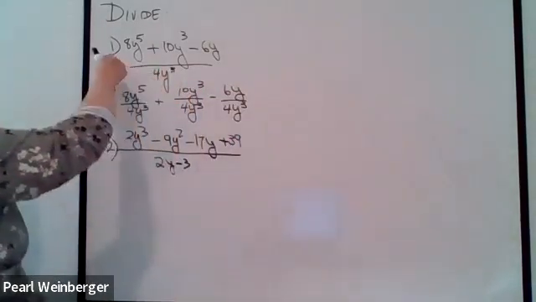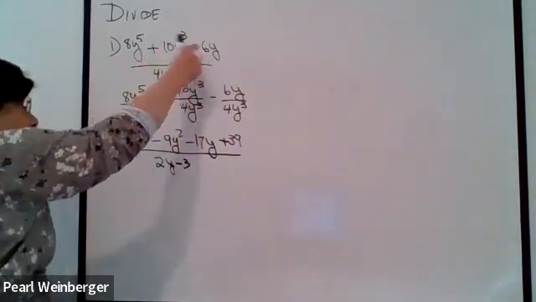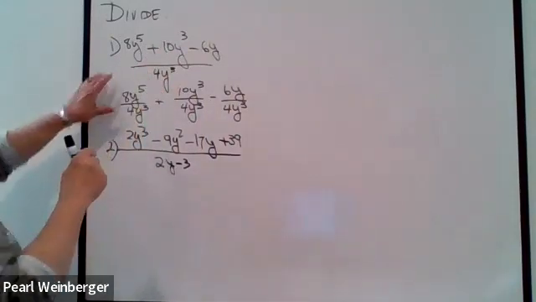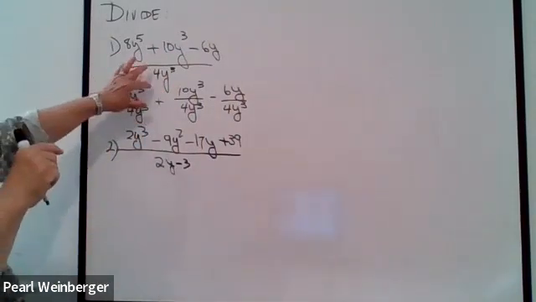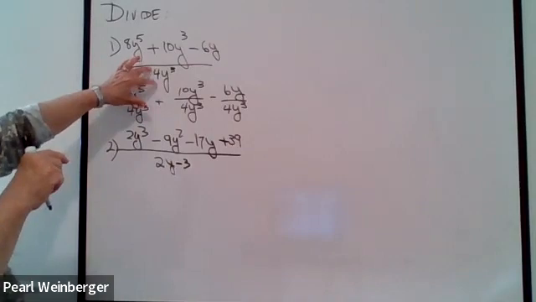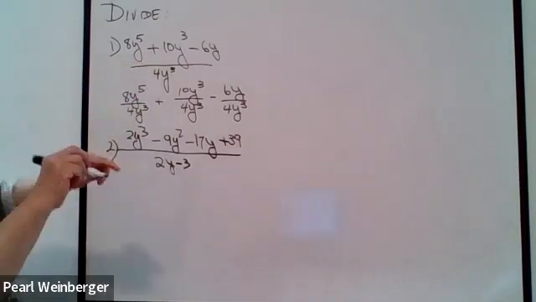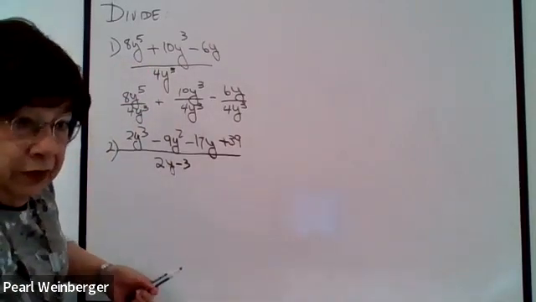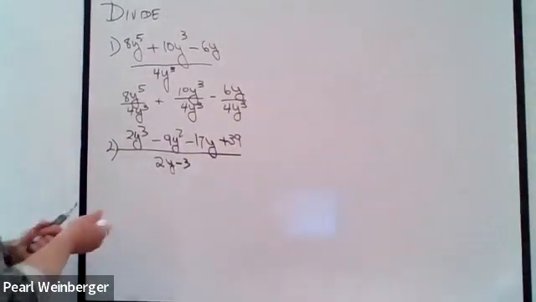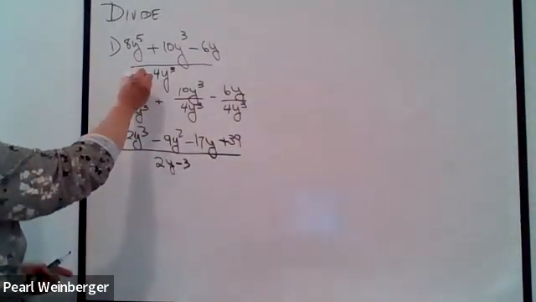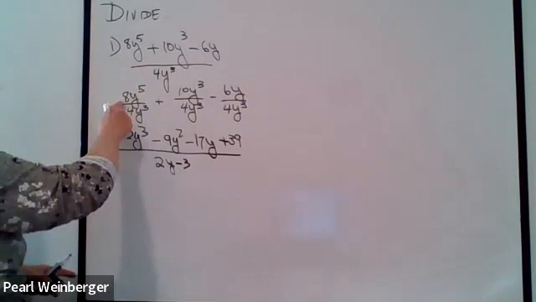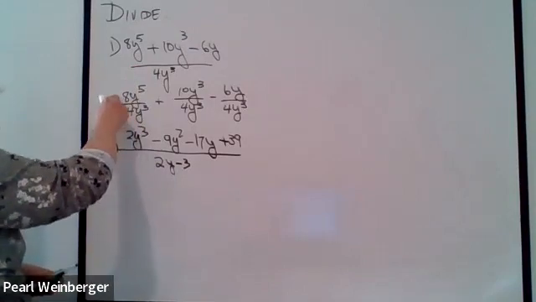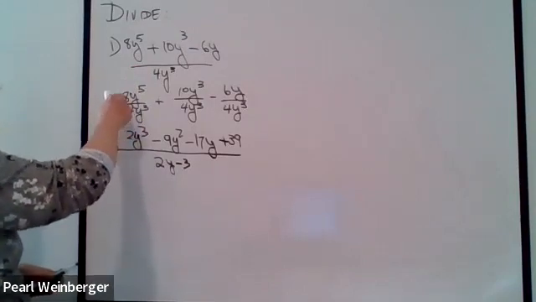We're going to take each of the terms on the top and divide it by the monomial 4y cubed. And I'm going to do that by simplifying each fraction.